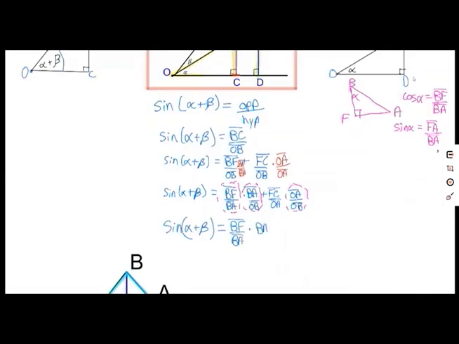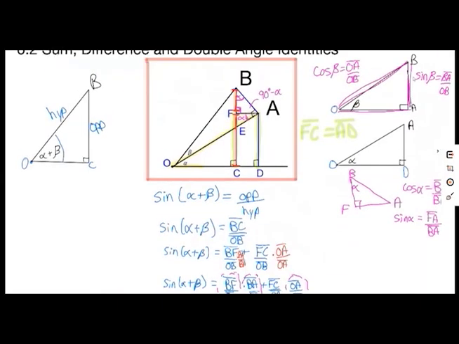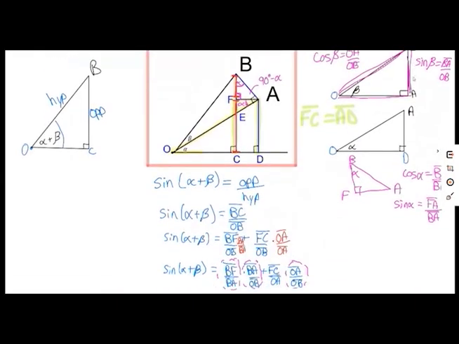Times BA over OB. So I'm going to change FC, and we're going to let that be equal to AD, just because those are two congruent lines. So that gives me AD over OA times OA over OB. And now to that last triangle that we need to look at.